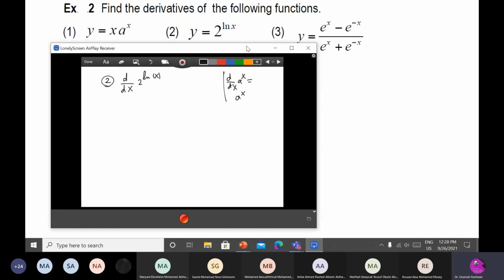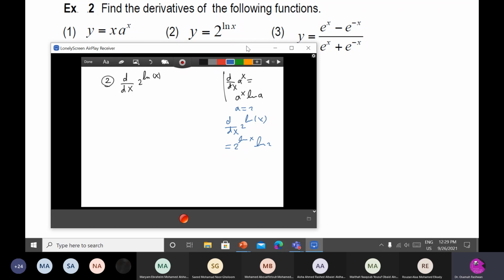Yes, a to the x ln a. I know this one, right? So what is a in your case here? What is the base? a is equal to 2. So d by dx for 2 to the ln x is equal to what? Yes, 2 to the ln x times ln 2.